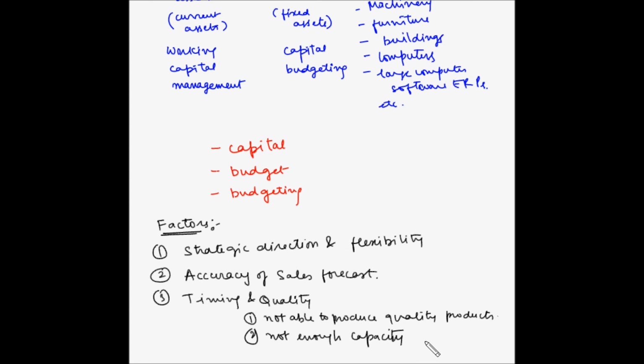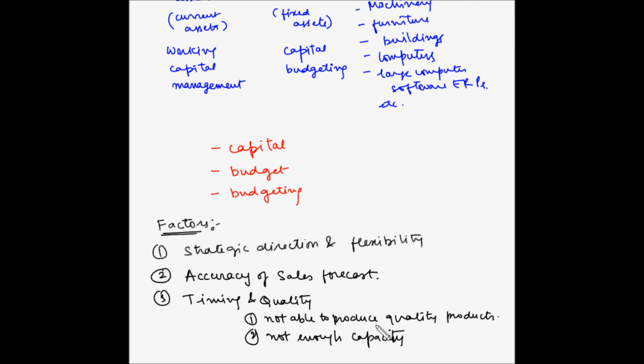Now, in order to identify where to invest, a firm needs to generate many ideas. For example, let's say the company wants to buy new machinery. There are many machinery available in the market. So the firm has to first decide which type of machinery to invest in. Or a firm may want to know whether they should invest in a new accounting application or a new building or buy new laptops or buy new machinery.